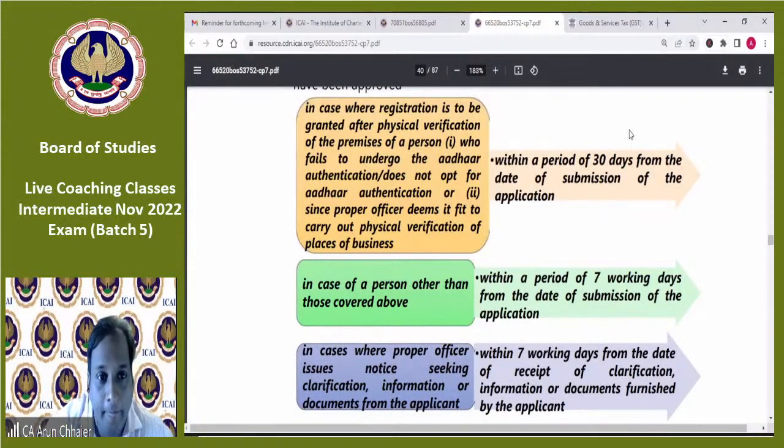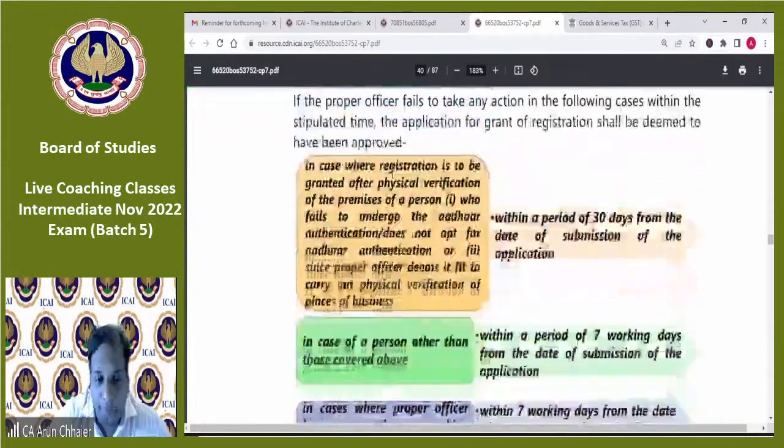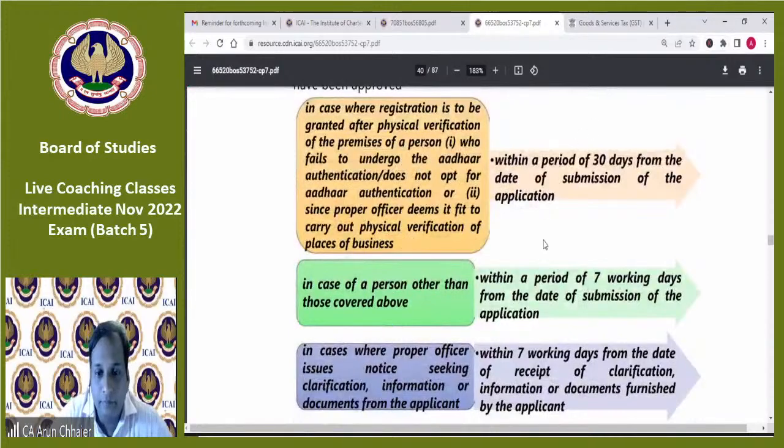Shivam and Ayush, deemed registration or deemed approval of the application means if the officer is not approving within 7 days and also not issuing the notice, or within 30 days, then it will be deemed to be approved. Either he will not approve within 30 days in case Aadhaar authentication is not opted or failed, or within 7 working days in any other case.